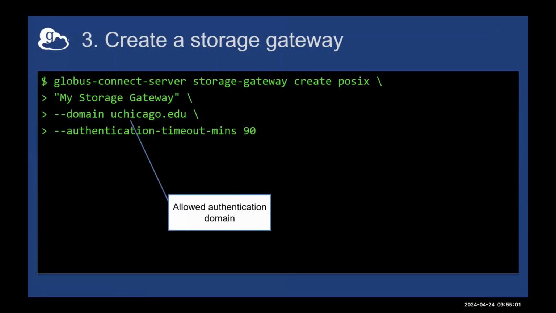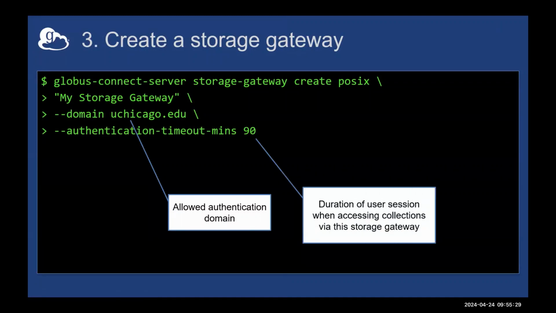So the general command is globus-connect-server storage-gateway create, and then the type and settings. For authenticated identity domains accepted, in this case I will use uchicago.edu. If you need multiple, you can specify several domain flags. And the authentication timeout is there.